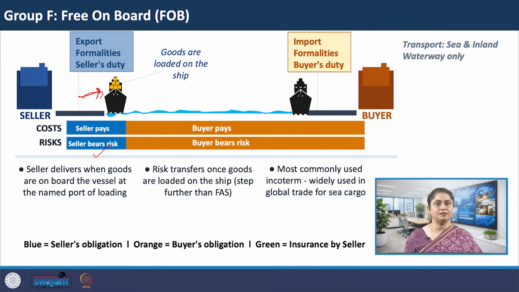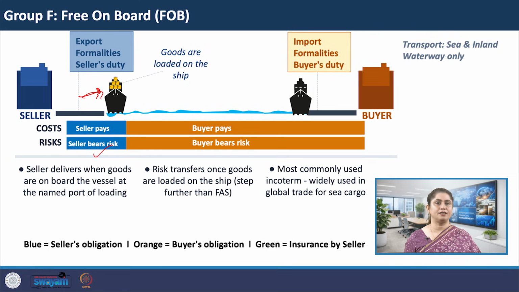Now, FOB is the most used Incoterm in global trade for sea cargo. It is widely used for containerized cargo, dry bulk and project cargo. Banks are familiar with it and most trade finance instruments are structured around it. One important point: FOB was historically defined as risk transferring when goods pass the ship rail.